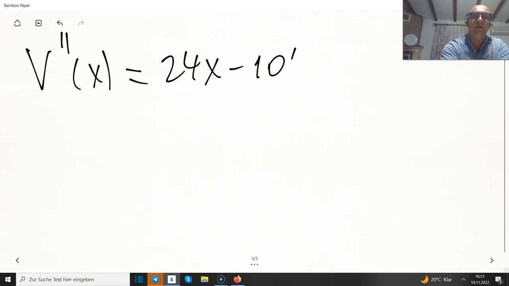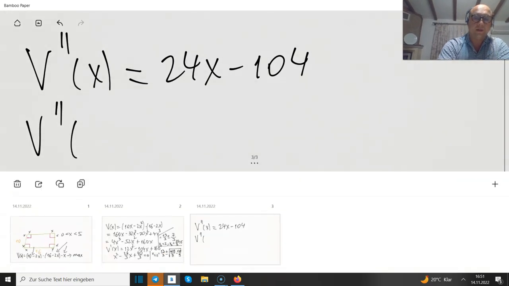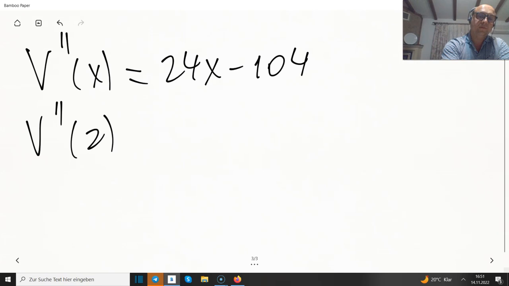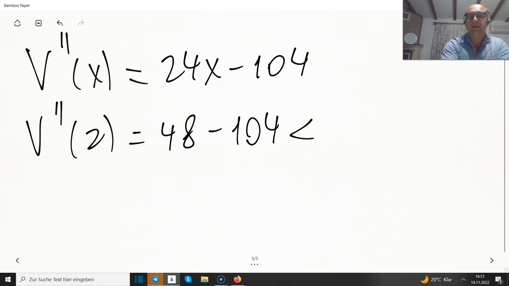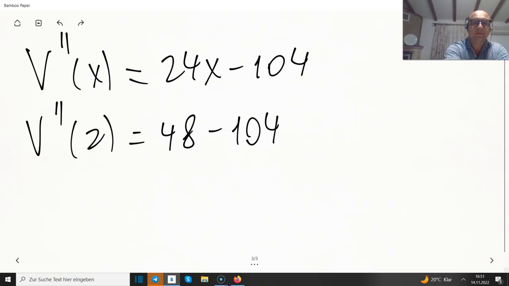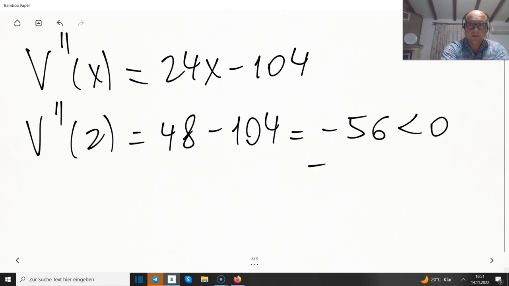So V second prime of that value, that's 2, is 24 times 2, which is 48, minus 104. So obviously it's less than 0. That's minus 56, in order to be precisely correct. So that means we have a max, and that was exactly the idea.